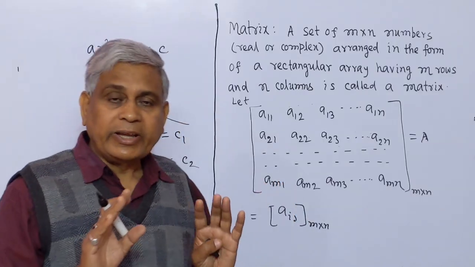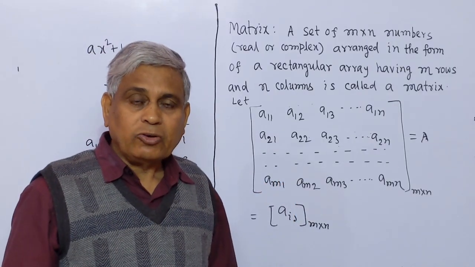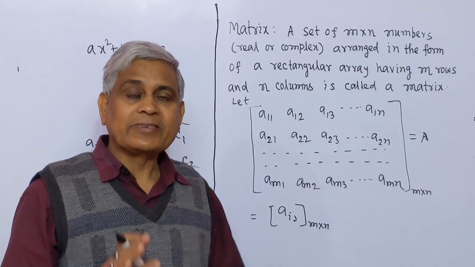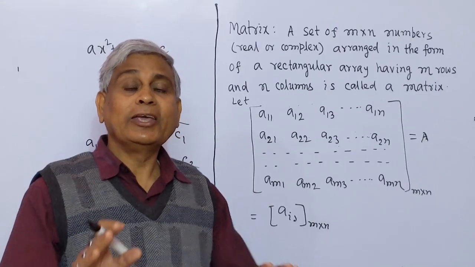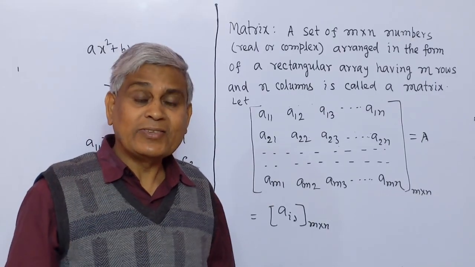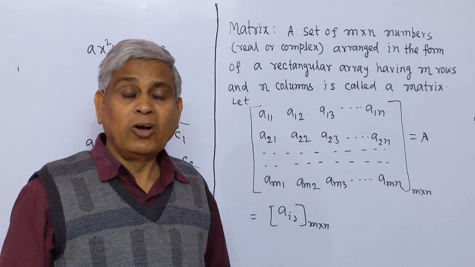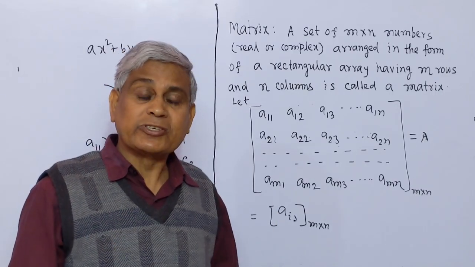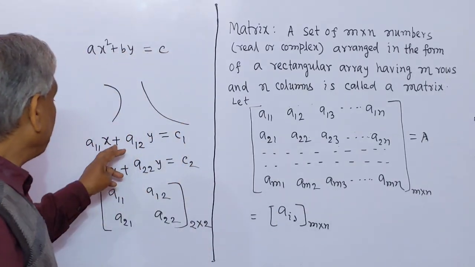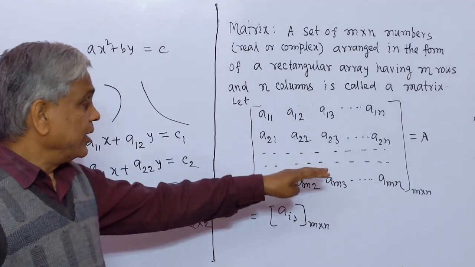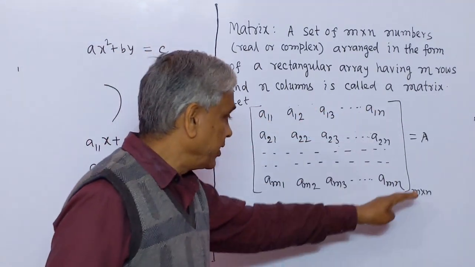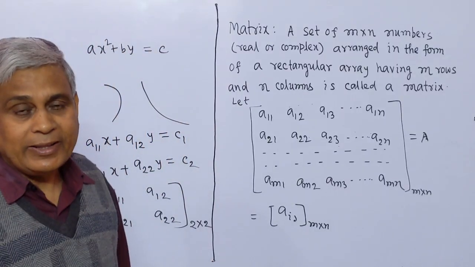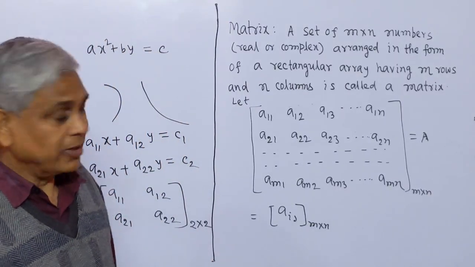So we get that the concept of matrix has come from linear equations. We arrange the coefficients of the variables of the linear equations in a rectangular array, which may be either square or rectangular.